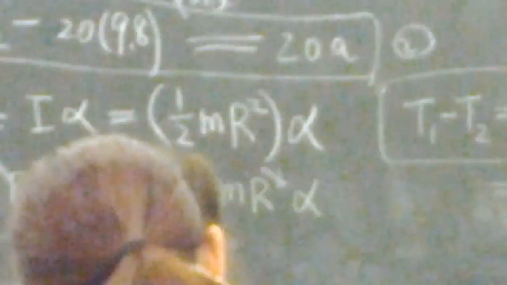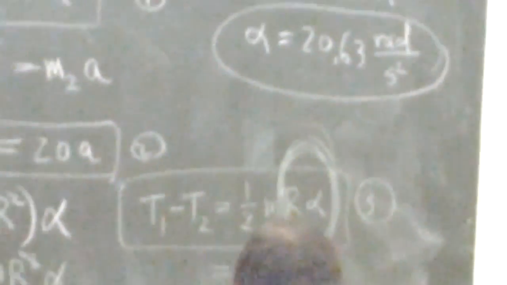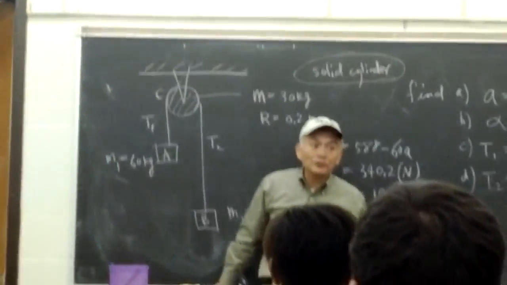Now, this is the standard method using Newton's second law for rotation and for translational motion. Is the acceleration constant or not?